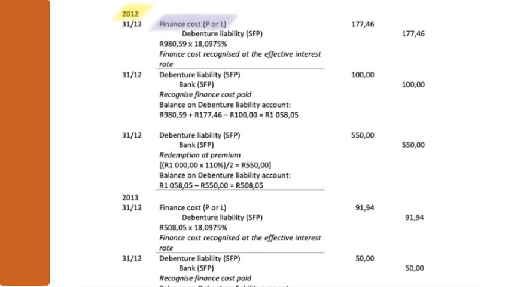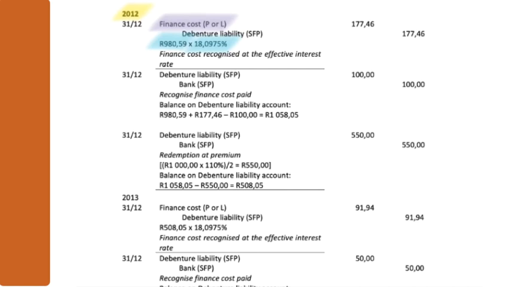It has to be at the effective interest. We are using the effective interest rate method in the category at amortized cost. How do we calculate that? We use the balance on the T account that we just calculated at the end of year 1 times the effective interest rate that we had to go and calculate because there were transaction costs.